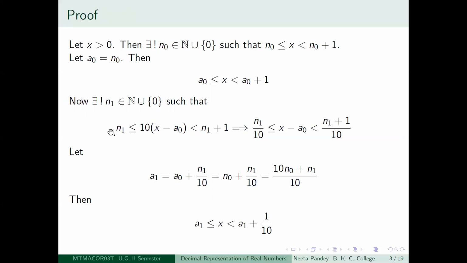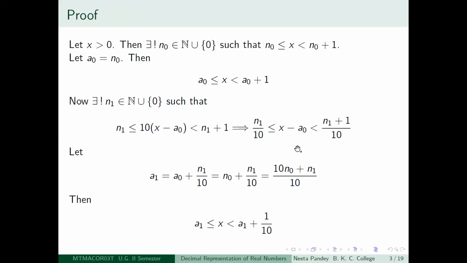So what you find is the integral part of the non-negative real number 10 times x minus a0. Now you just divide this inequality by 10. So you get n1 divided by 10 is less than or equal to x minus a0 is less than n1 plus 1 divided by 10.